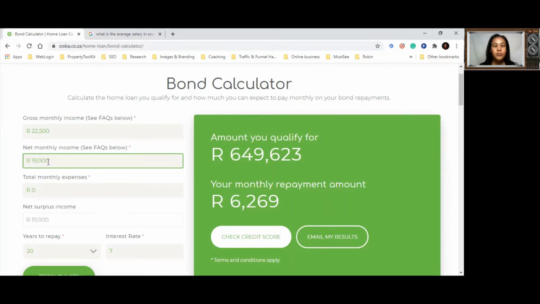Say, for example, your gross income is 22,500 Rand and you leave the workplace with 19,000 Rand in your bank account. Again, in a hypothetical situation, your monthly expenses are right now sitting at, let's say, 13,500 Rand.